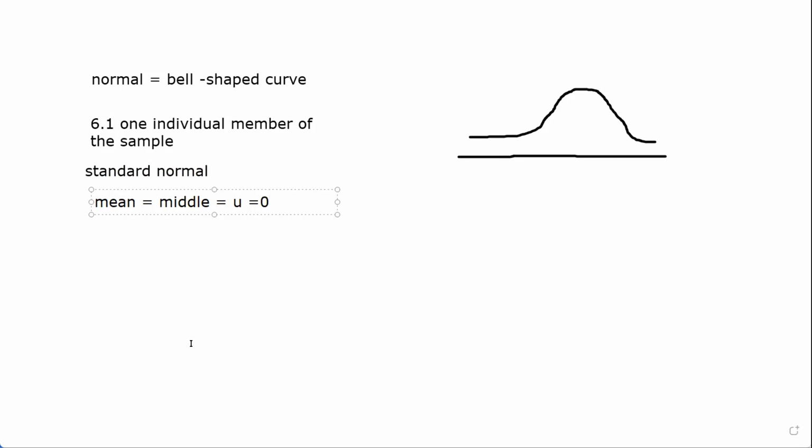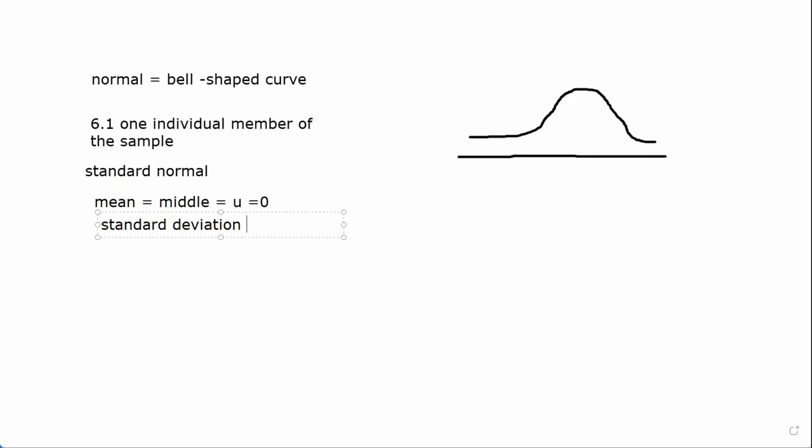It could be another number if you're on another normal curve, like if the mean is 100 and the standard deviation is 15, for example, okay? But if you're on the standard normal, it's going to be 0. Then we have the standard deviation.